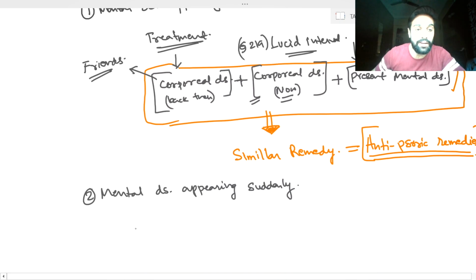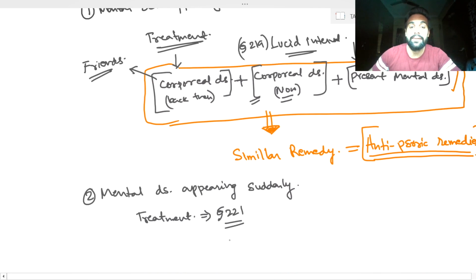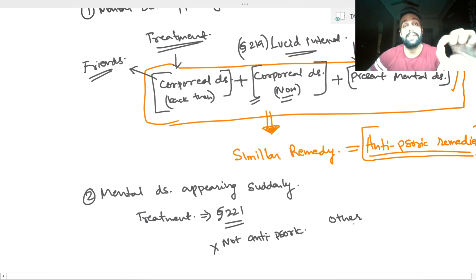So what do you do for the treatment? The treatment will be as mentioned in aphorism 221, that it should not be treated immediately by anti-psoric medicines, but by another class of proved medicaments. This is the actual term used in the aphorism.